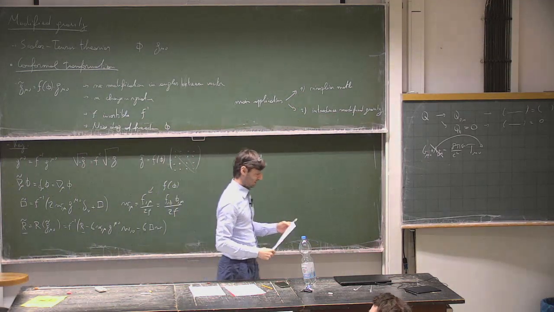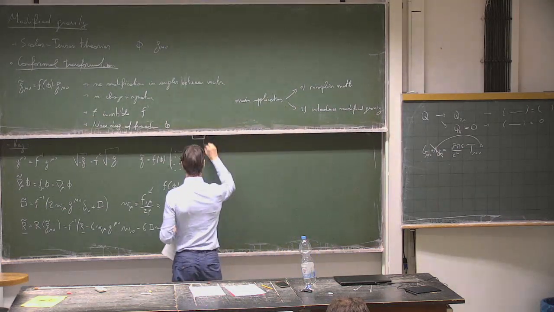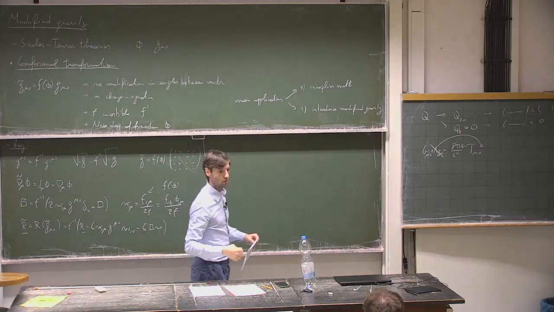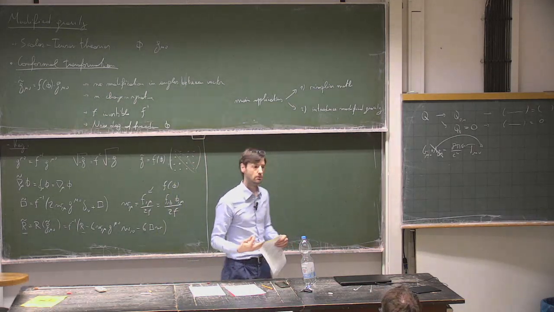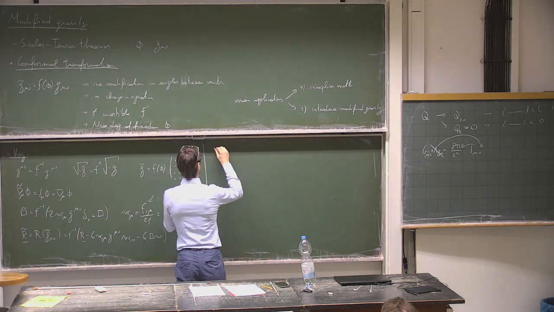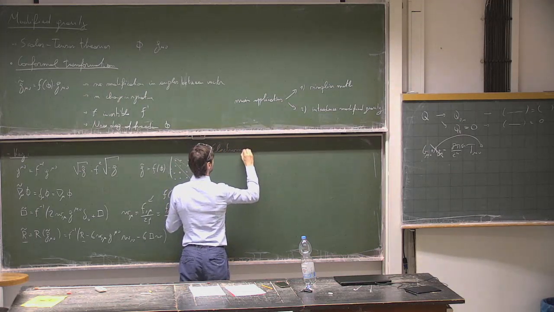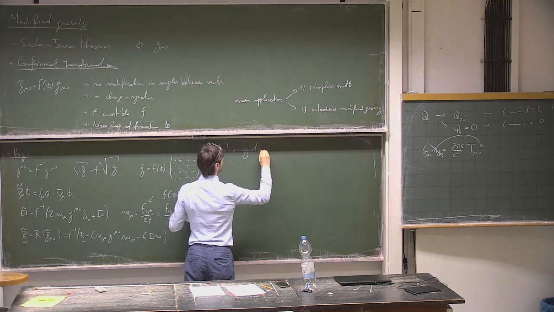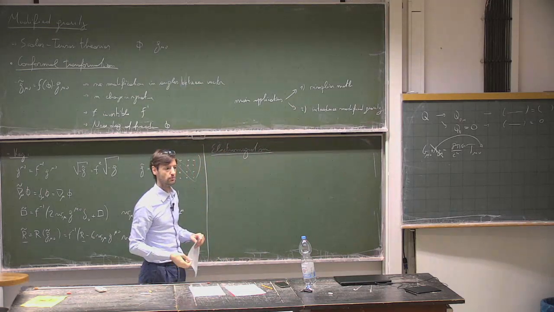Good. Now, it's interesting to look, for example, at what is the impact of such a conformal transformation on electromagnetism. On the Lagrangian, for example, of electromagnetism. Is it going to affect the equation of motion?